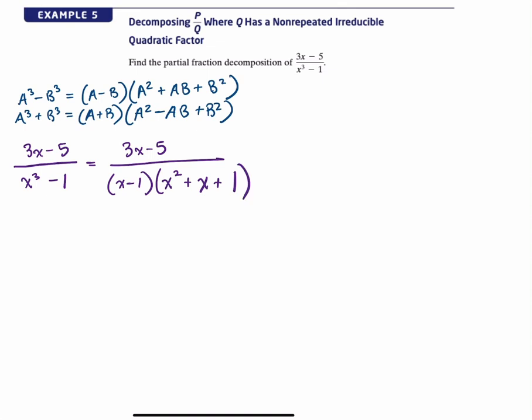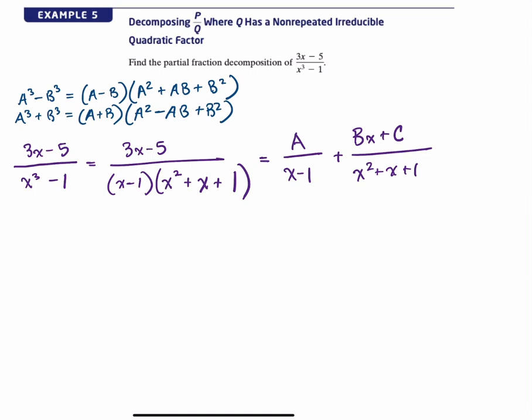So that will make the setup a little bit different. Our first factor is still linear, non-repeated, so we'll just have A over x minus 1. Then our second factor has the quadratic in the denominator, x squared plus x plus 1. The numerator will look like Bx plus C. So we get some linear factor in the numerator involving an x with two unknowns.